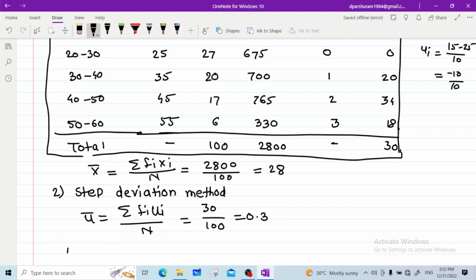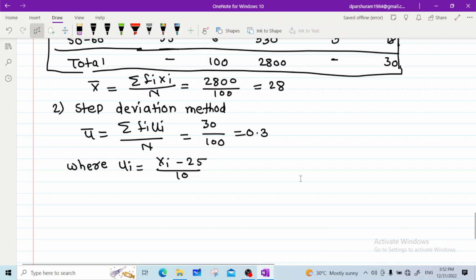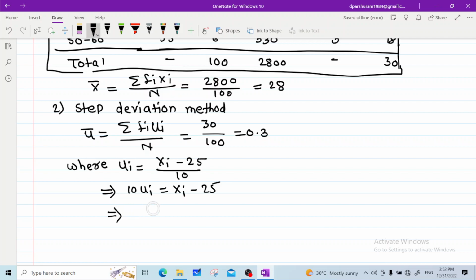Where ui is equal to xi minus 25 divided by 10, which implies when we cross multiply, we get 10 ui is equal to xi minus 25, which implies xi is equal to 10 ui plus 25.